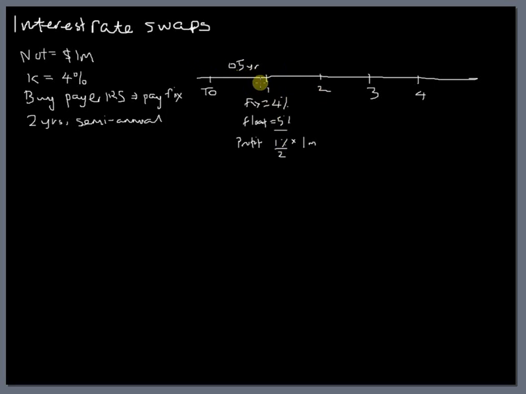This is what we will be expecting to receive at the end of 0.5 years at period 1. Another thing that we will do at period 1 is to make an observation of the 6 months LIBOR as at period 1, so that as at period 2, we know how to calculate the profit or loss, and so on and so forth. We do this over the different periods over the life of the swap.